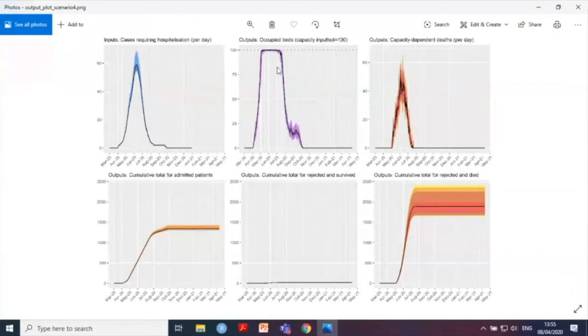And as you see here, as the demand is met in terms of beds that become more and more occupied, when it hits that limit, then we start to see the capacity dependent deaths start to increase there, and consequently when there is available capacity in the ward, we start to see them come down as demand is then met for the later stages of the epidemic curve.